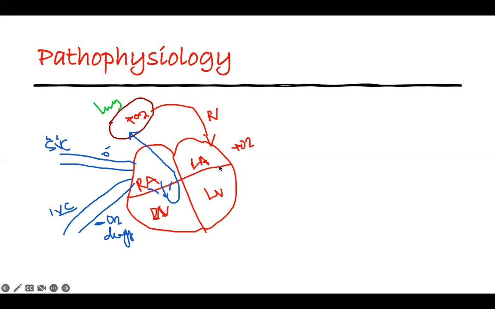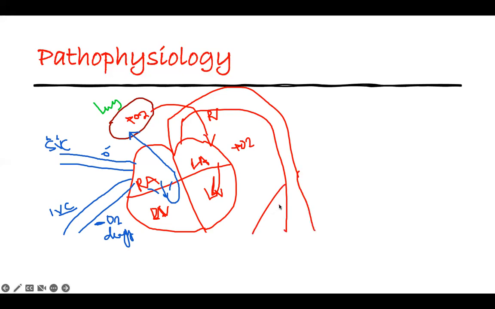From the left atrium, it goes to the left ventricle, and the ventricle pumps it through the aorta, which supplies the rest of your body. And it branches to different portions of the body. It goes so many places. So this is the aorta. And this blood has oxygen in it and supplies the rest of the body.